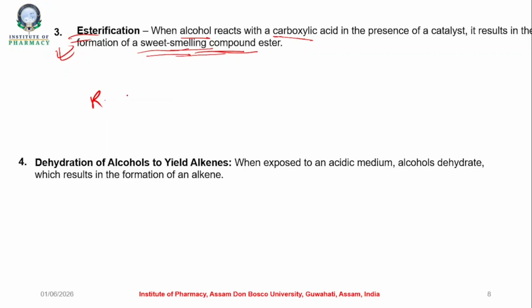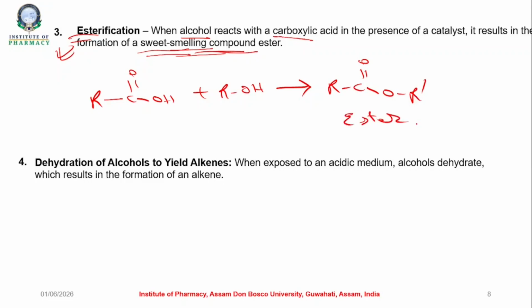So we have a carboxylic acid here and alcohol. This undergoes esterification, and subsequently we get our ester. This is the ester that we get, and a water molecule. So this is very pleasant smelling and helps in the identification of alcohol.